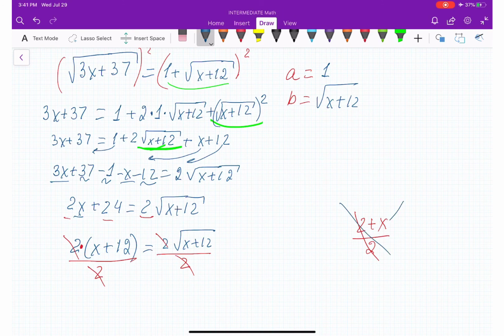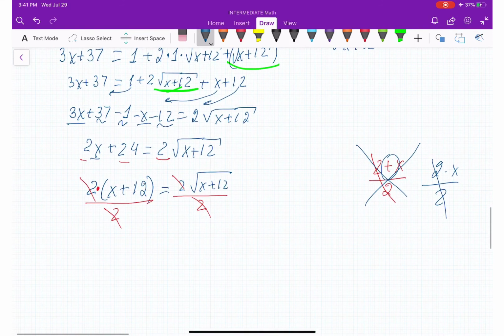It's absolutely unacceptable. It's wrong because it's tied up with addition. But if you have 2 times x divided by 2, with clean conscience you can cancel. All right, so it's equal x plus 12 is equal square root x plus 12.